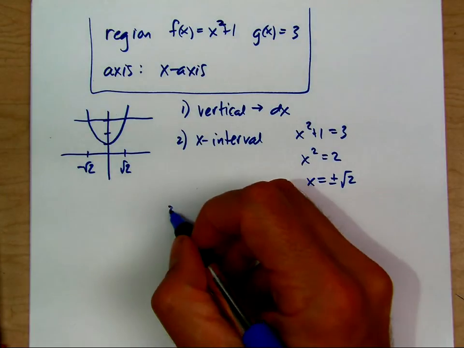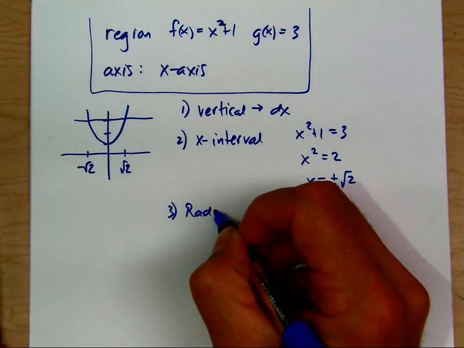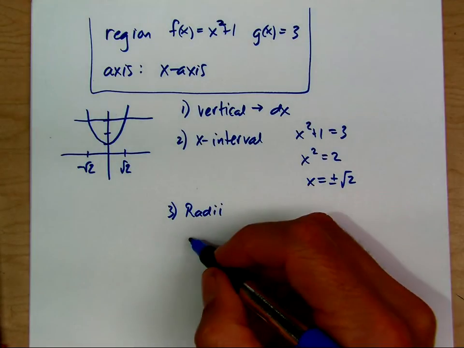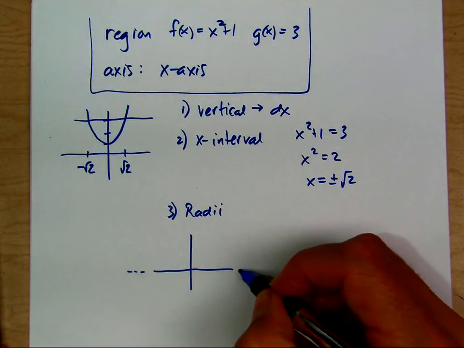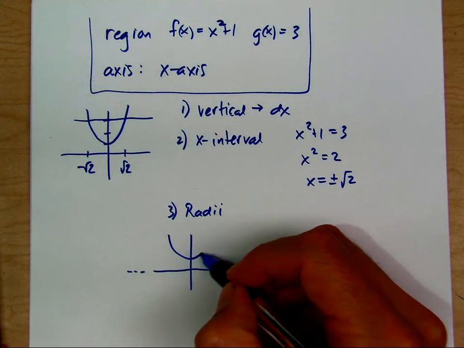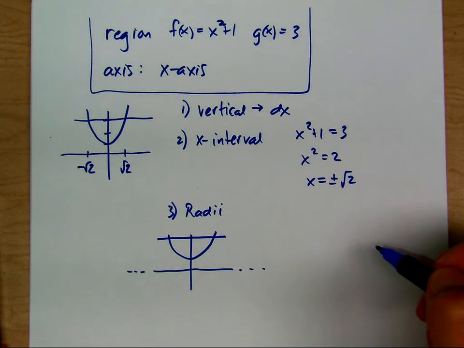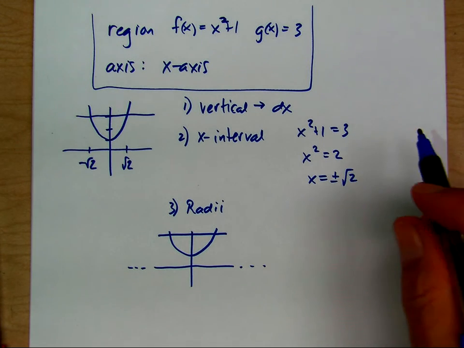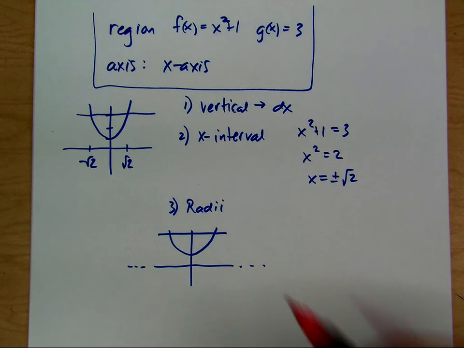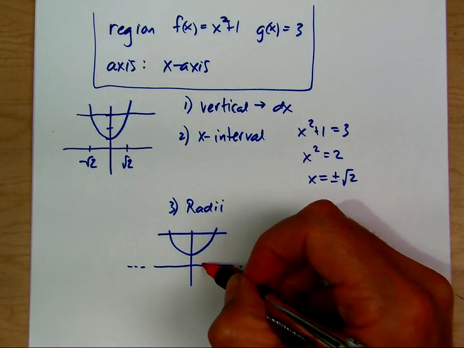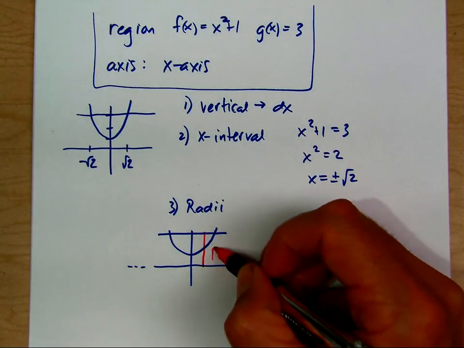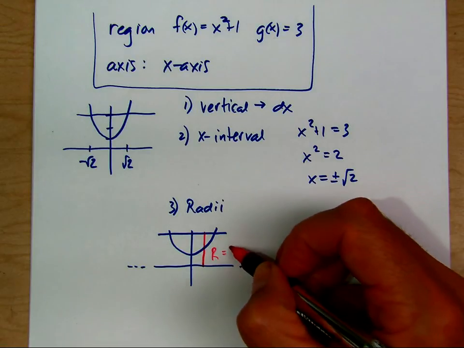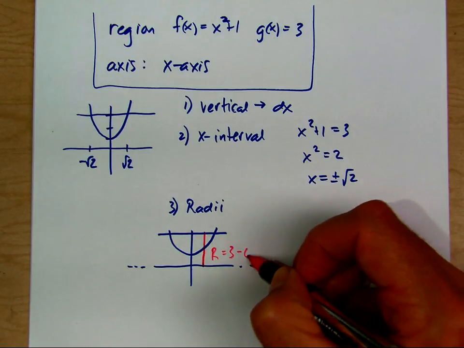Let's find the radii. So we'll look at the graph, rotating around the x-axis. And we'll find the big radius, which is from the axis to the furthest part of the region. The length of that is top, which is 3, minus the bottom, which is 0.